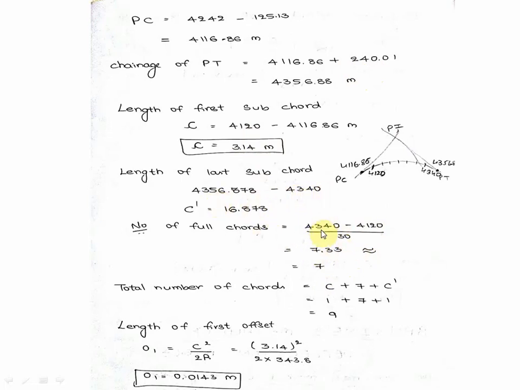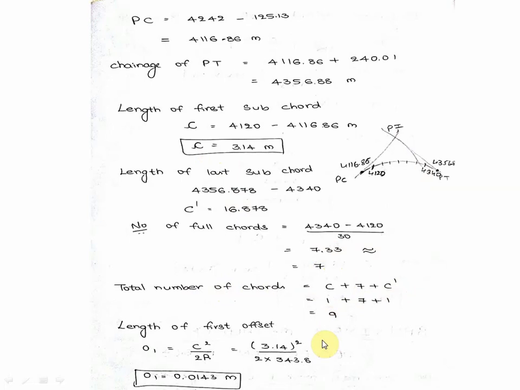Okay. So now 4340 minus 4120 divided by peg interval gives the total number of full chords, these intermediate chords, as 7. So the total number of chords is the first subchord small c, plus intermediate chords 7, and last subchord c dash. So the total is 1 plus 7 plus 1, that is 9 chords.